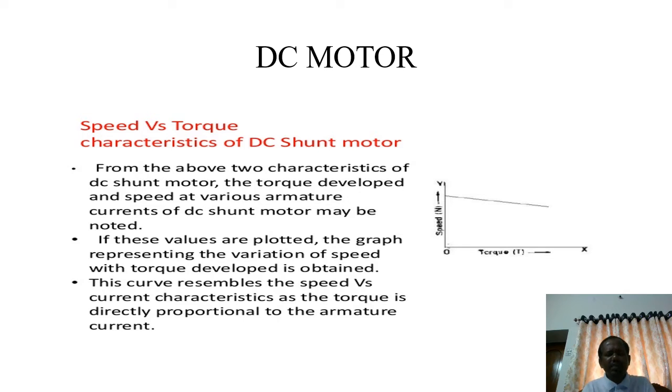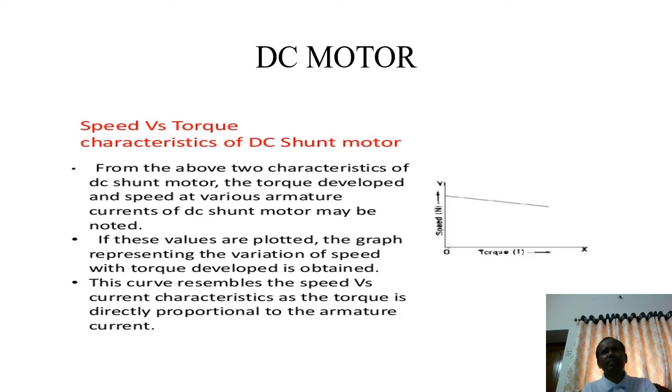Next, speed versus torque. Speed versus torque characteristic of DC shunt motor. From the above two characteristics, what do we have to learn? Torque versus armature current, speed versus armature current.